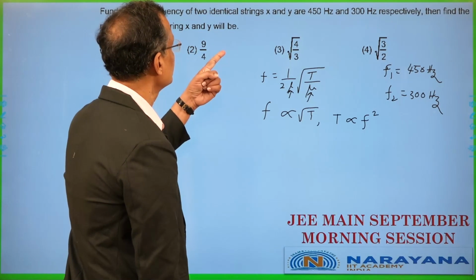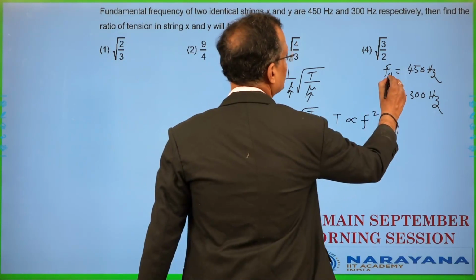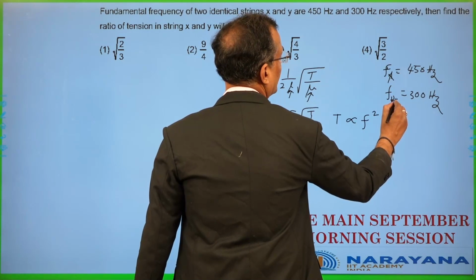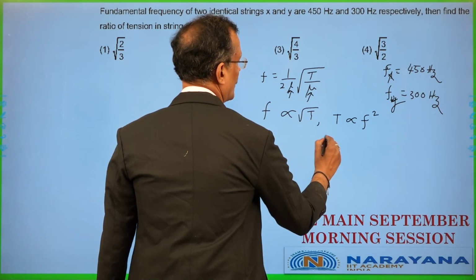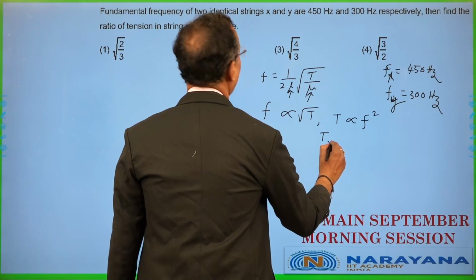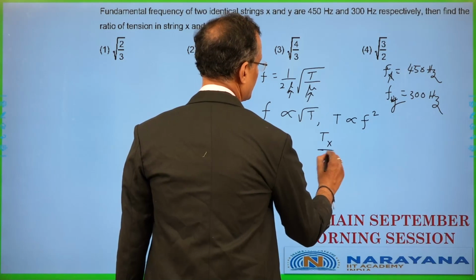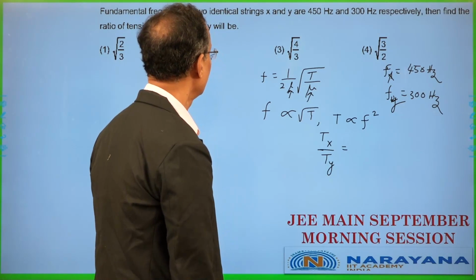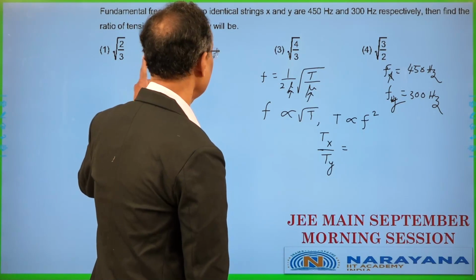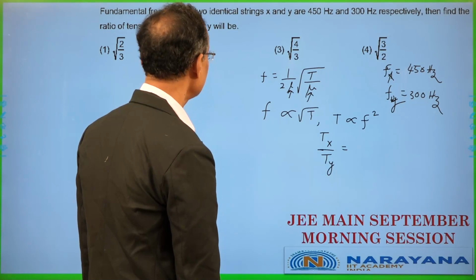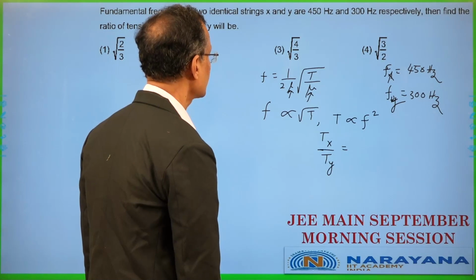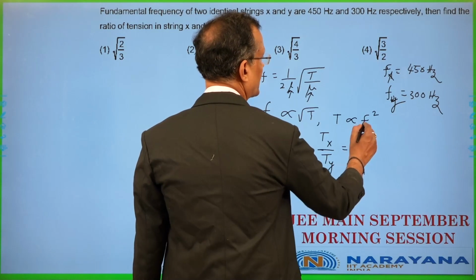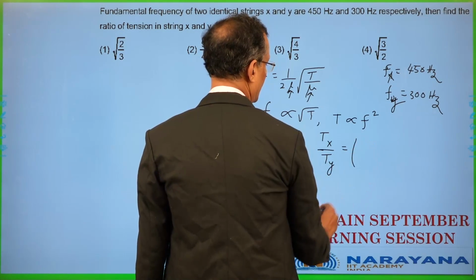String X, they have told you 450. So this is my X and this is my Y. So I will have Tx by Ty will be equal to, check here, they are asking find the ratio of tension in string X and Y. Okay, so this will become F squared. Okay, no?